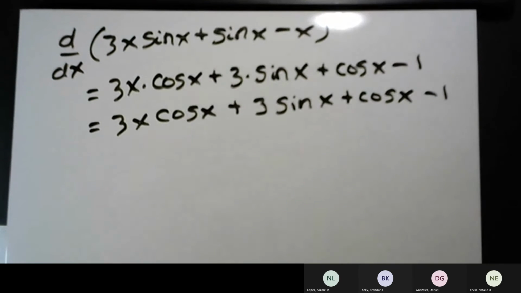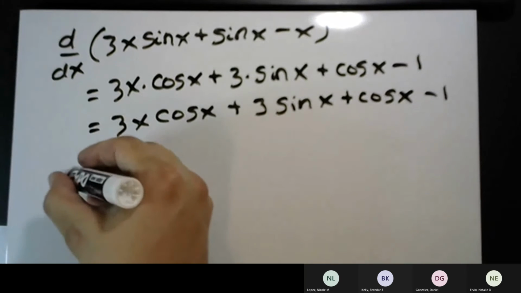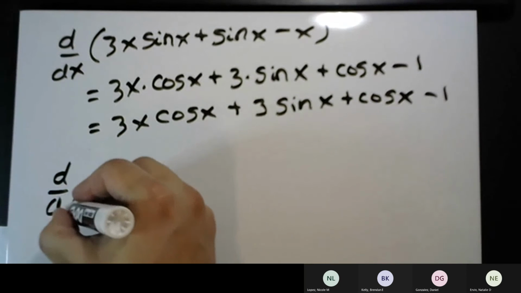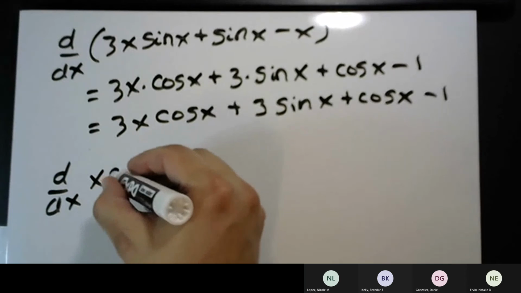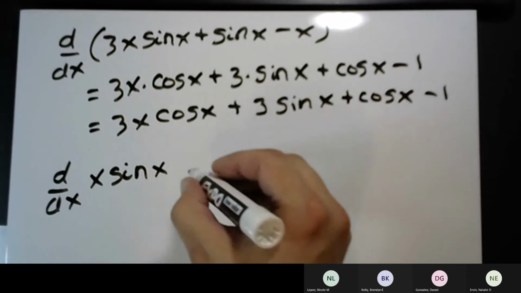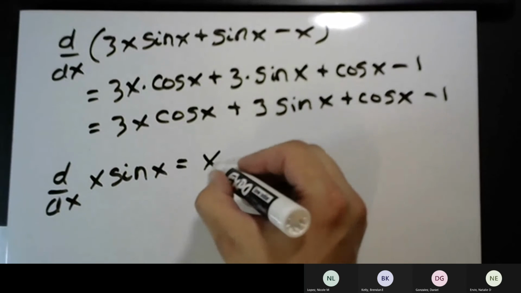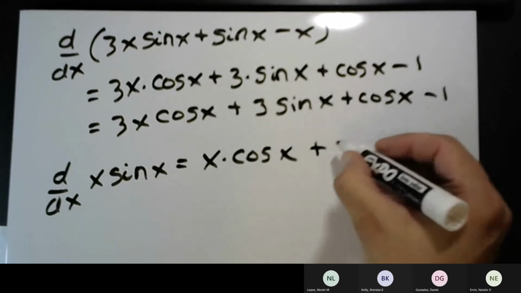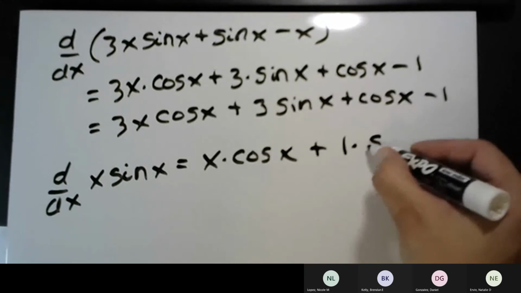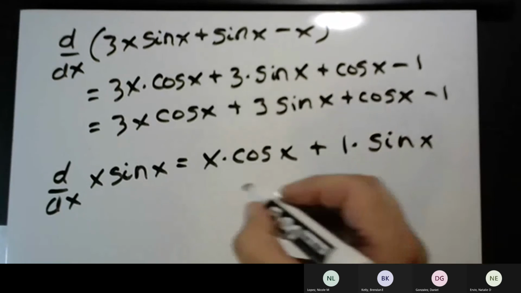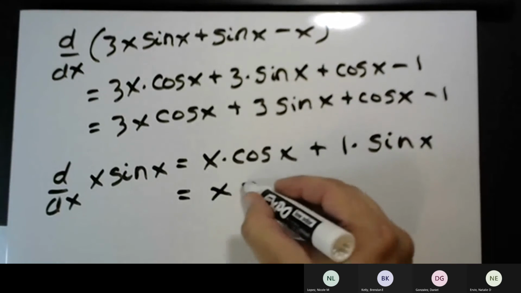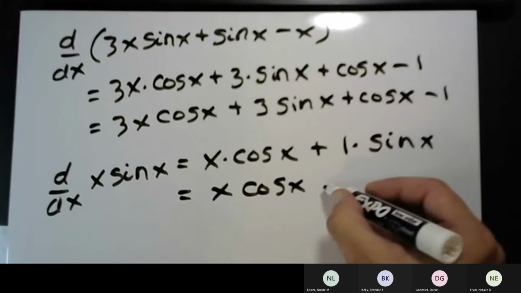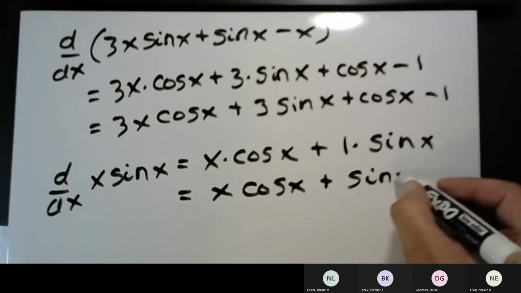Take the derivative of that: x times the cosine of x plus 1 times the sine of x. So x cosine x plus sine x.